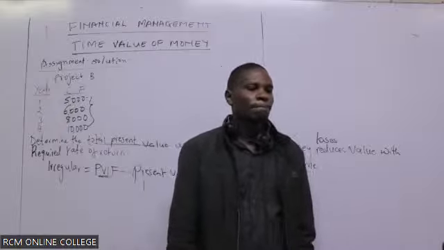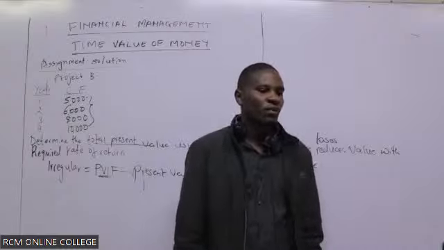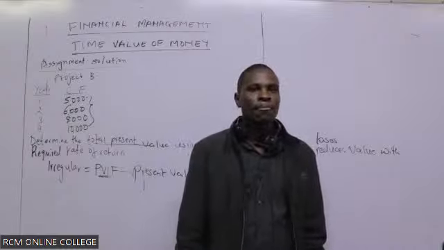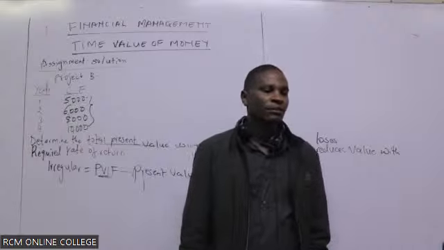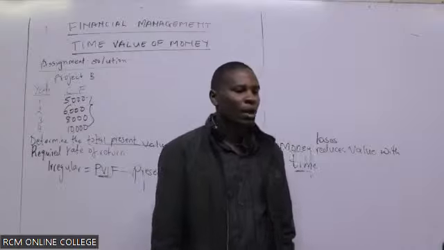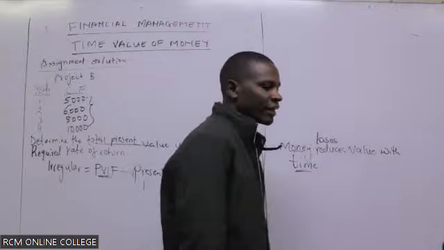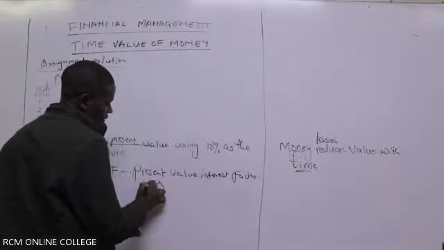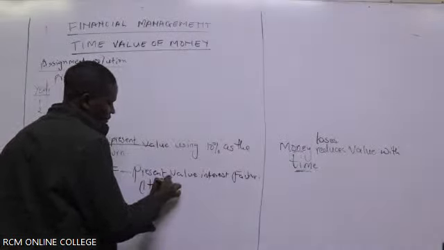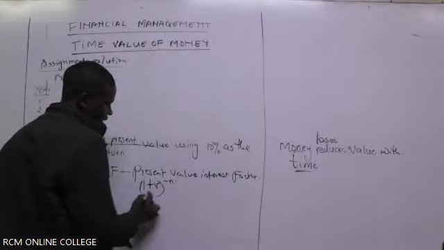What is the formula of PVIF? This factor, we told, is 1 plus R raised to power negative n. Exactly.